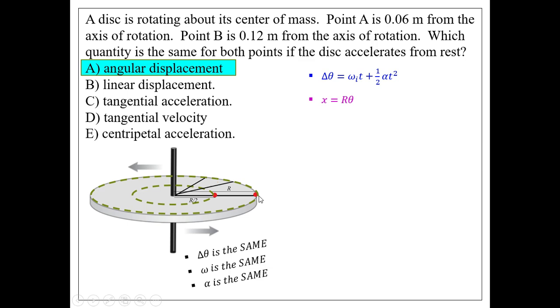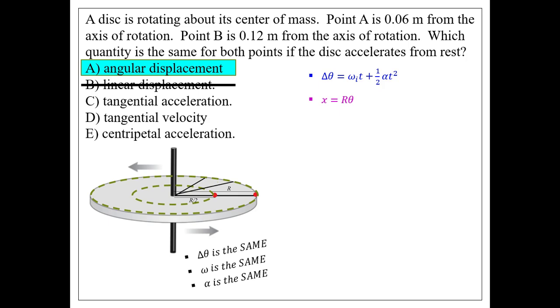To cover more distance in the same amount of time, you have to be moving faster. You can also use this as an elimination of choice B. Just by deduction, the point on the outside covers a larger circumference. Therefore, linear displacement cannot be the same. The point on the inside covers less distance, and the point on the outside covers more distance. So that cannot be an answer choice. Let's go to C.